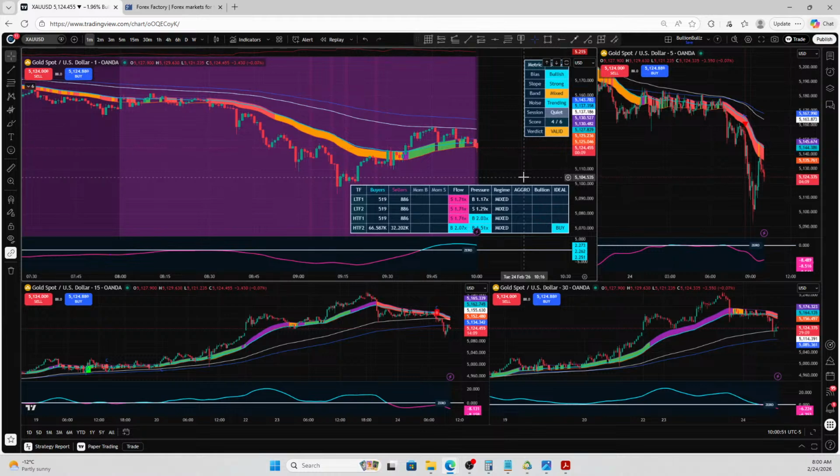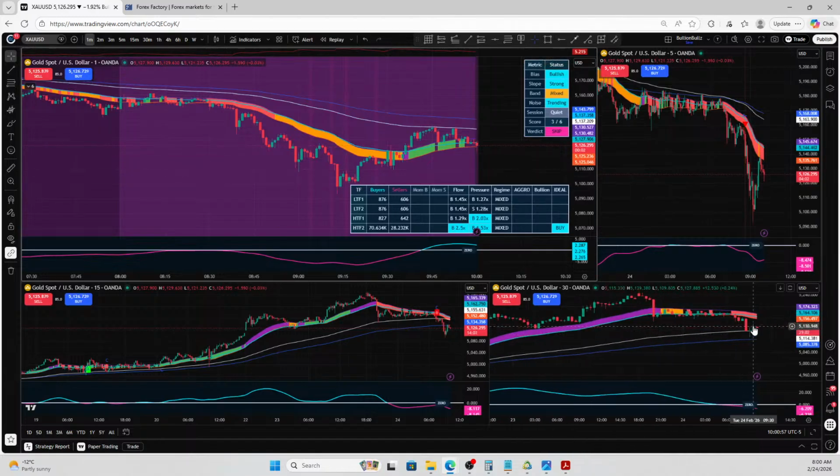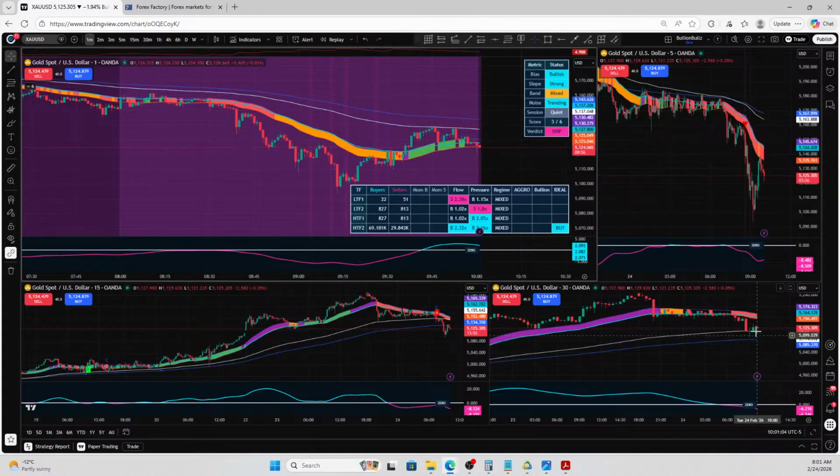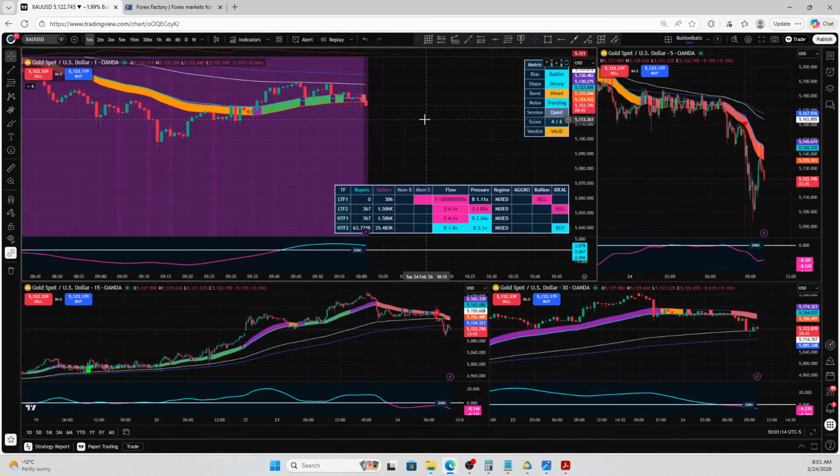Seems like we're about to get a move. This is telling us that the 30-minute candle closed below this large sell candle, and if the 30-minute candle that's forming closes below this moving average here, we might start looking for a bearish entry.